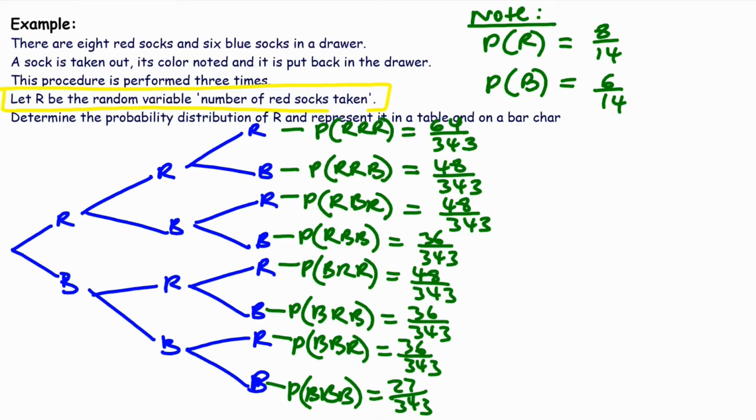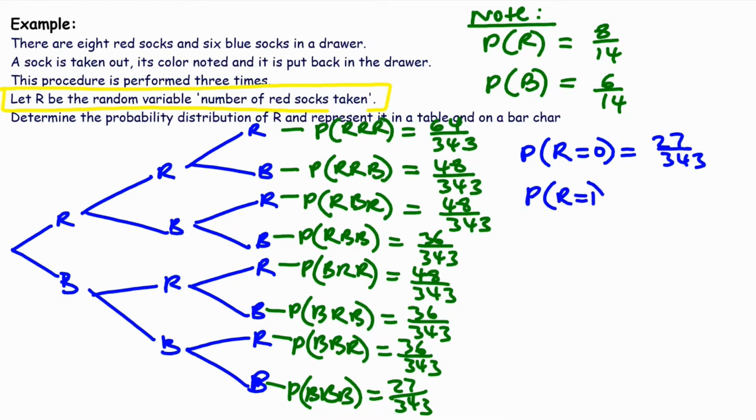So in preparation for plugging this into a table, we can find the probability of obtaining 0 red, because that is our random variable here. 0 red will mean we have all blues, which will be 27 over 343.